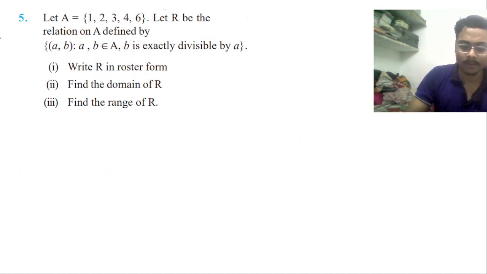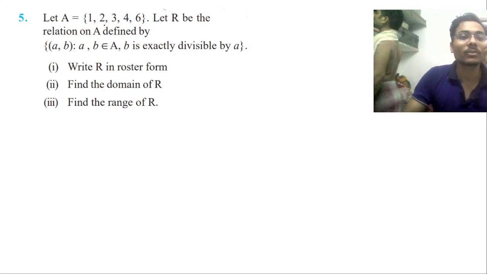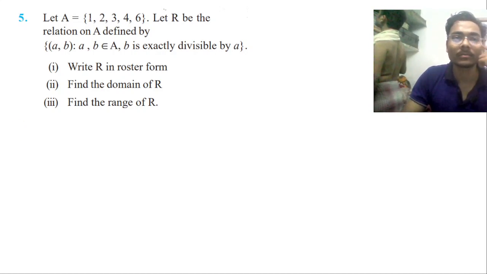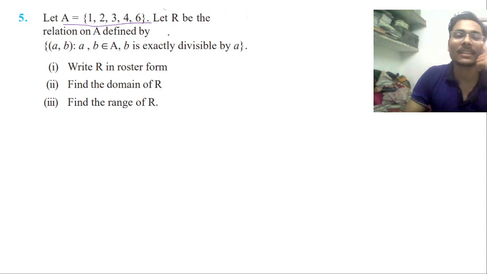Solving question number 5 in this exercise. So we have 1, 2, 3 and 4 as set A given in the question, and they are also defining a set R as a comma b, such that a comma b belongs to A and b is exactly divisible by a.